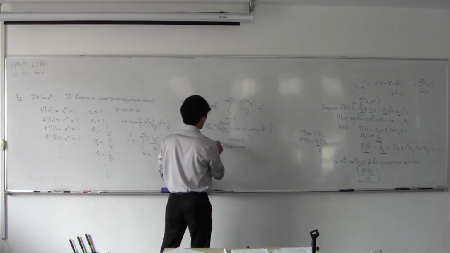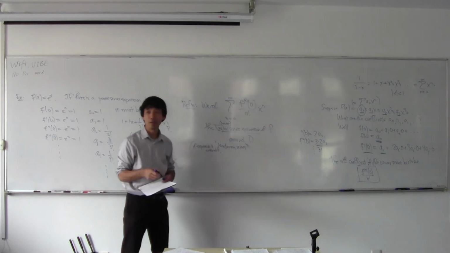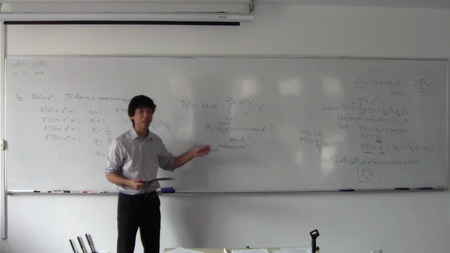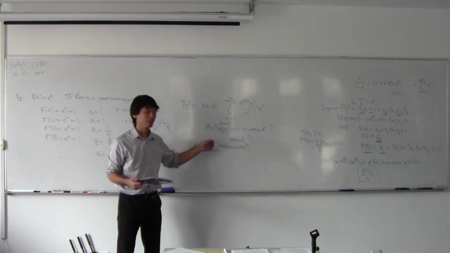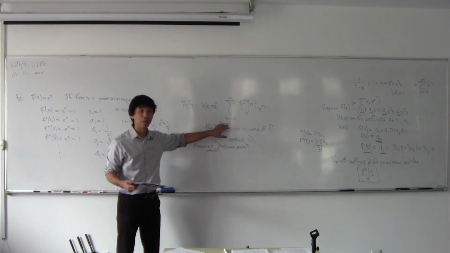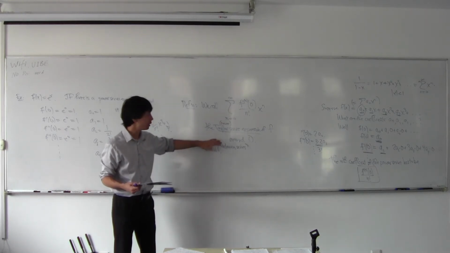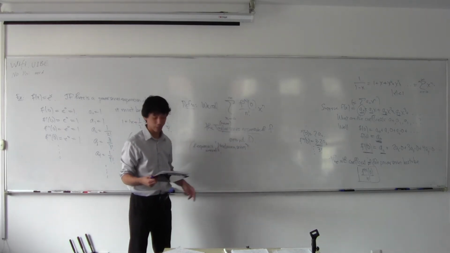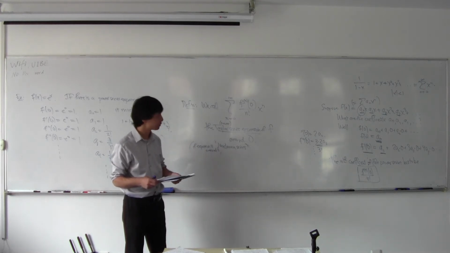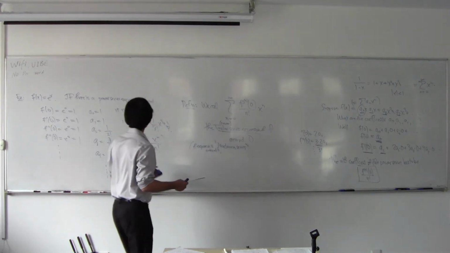I think this is all kind of dumb. Why have so many names for the same thing? If you just say power series, that's fine. Power series or maybe Taylor series.